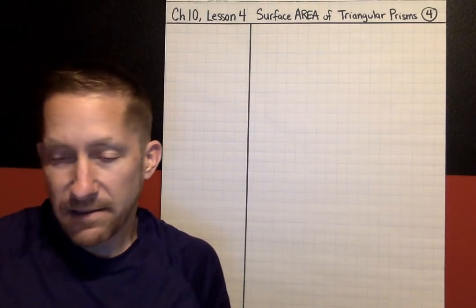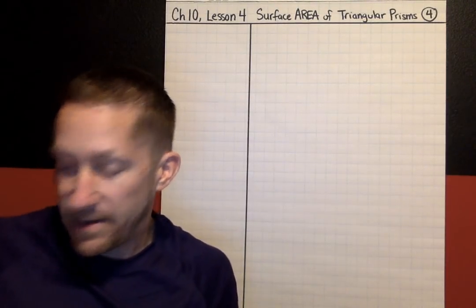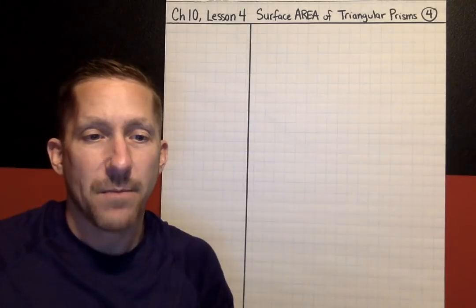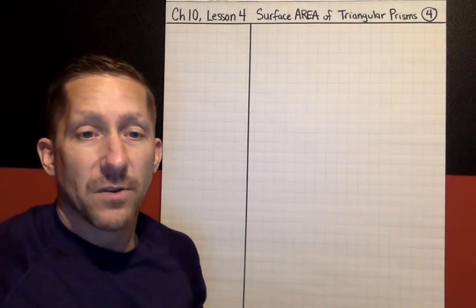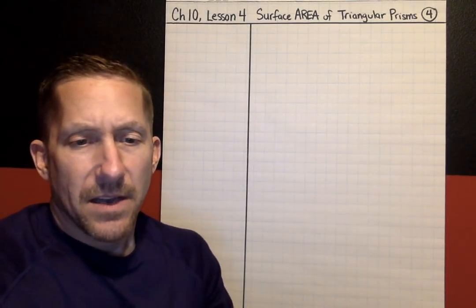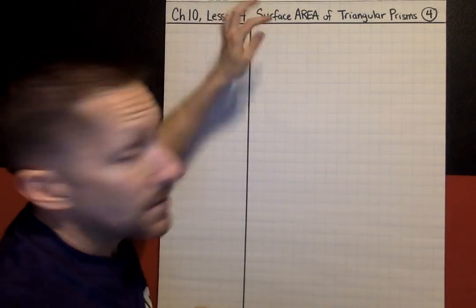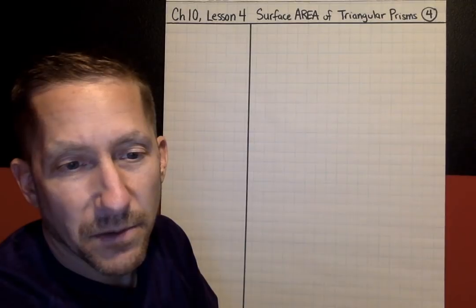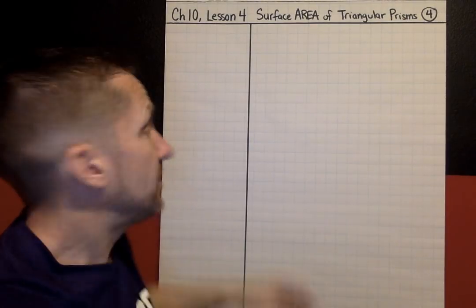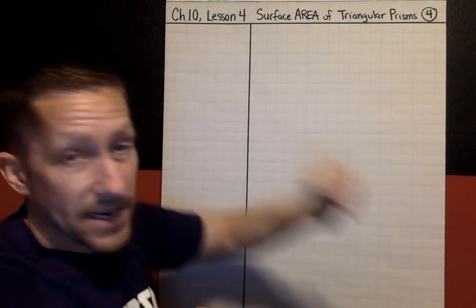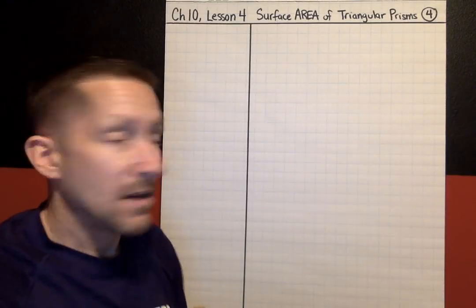Alright, let's show how we find the surface area of that shape. So the first thing I'm going to have you do is do some drawing with me, so listen close. I'm going to come down, let's see, 1, 2, 3, 4, 5 squares. Again, I'm using grid paper, so you're welcome to do that.